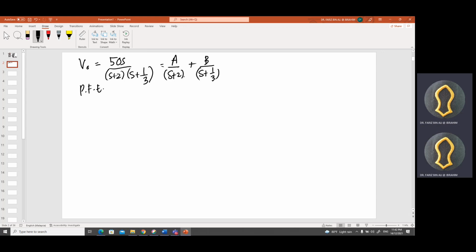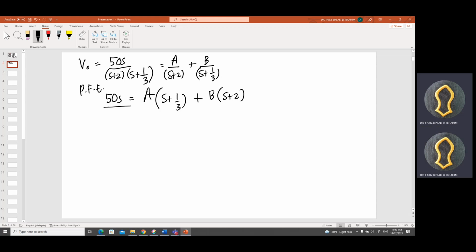Perhaps I can be a little bit quick because I think everybody already knows partial fraction expansion. So based on this, we can make a comparison where 50s is equal to A(s plus 1 over 3) plus B times (s plus 2).